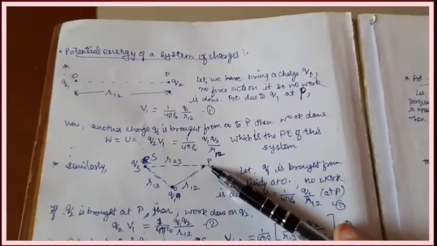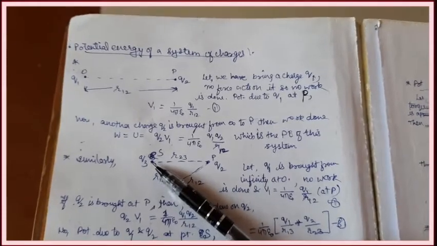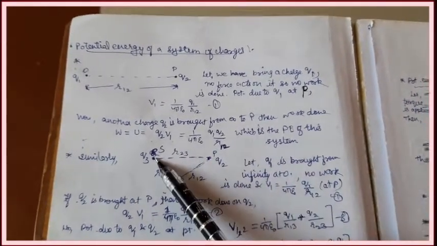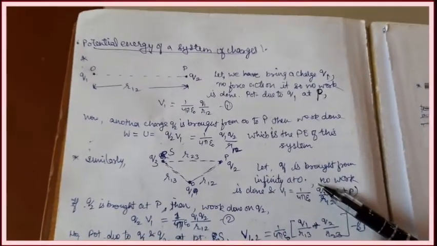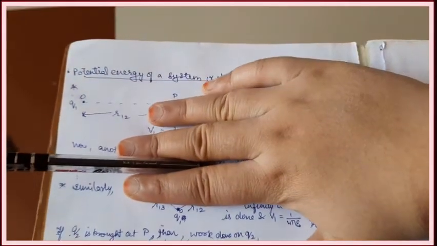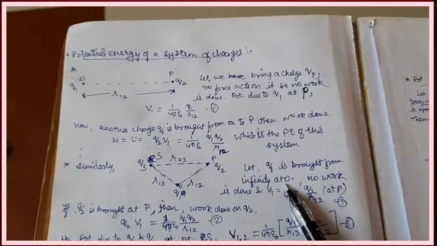In the presence of q1 and q2 we bring another charge q3 at point S. The distances of q3 from both q1 and q2 are given here. First of all, if there is no charge present and we bring q1, then we do no work.